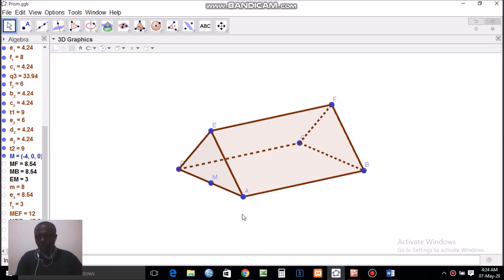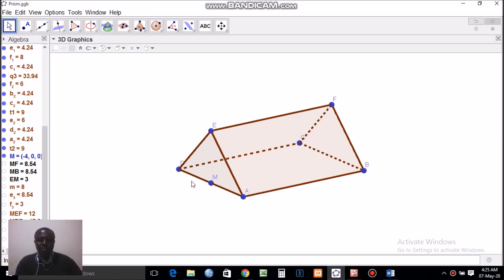Now, I would like us to begin with the angle between line ED and AD. Are you able to identify the line ED? The line ED is this one here. What about the line AD?